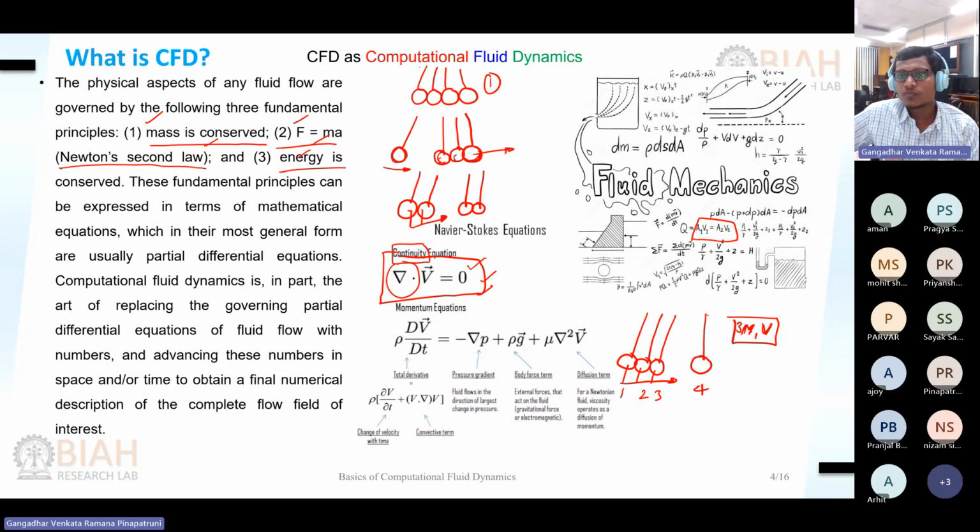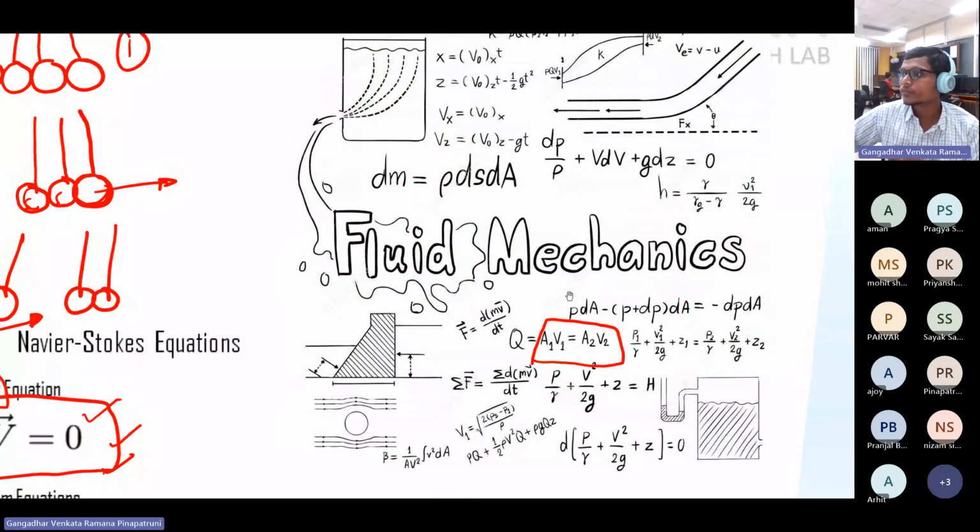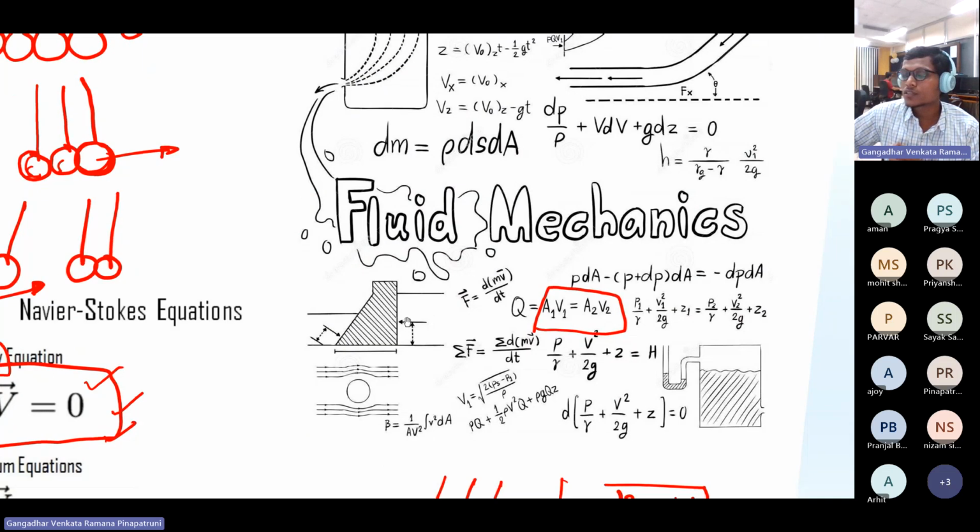There are many assumptions here that you need to understand in order to see how we got to this final equation. The second thing is the Bernoulli equation. Can anyone find where the Bernoulli equation is in this complete set of equations? Where is the Bernoulli equation? Anyone can unmute yourself and tell us.